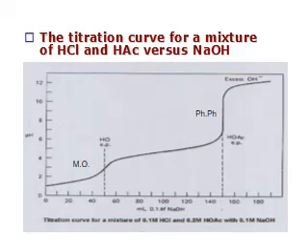The titration curve for a mixture of HCl and acetic acid versus sodium hydroxide. This example shows the titration of a sample composed of a mixture of HCl and acetic acid. I prepared this sample by taking a certain volume of HCl of certain concentration and mixing it with a certain volume of acetic acid of another concentration.